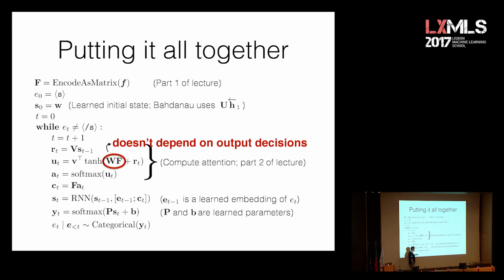We're going to feed in the previous state, and we're also going to feed in this concatenation of an embedding of the previous time step's output word and this summary of the input matrix that's appropriate for this time step. And then we project out to our softmax, to our vocabulary, and we get a probability distribution over the next word, and then we're going to sample the next word. And then we're just going to repeat this process until we get to the end of the sentence. So it's super simple.